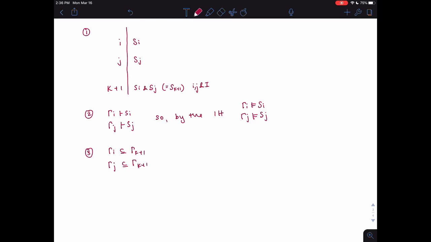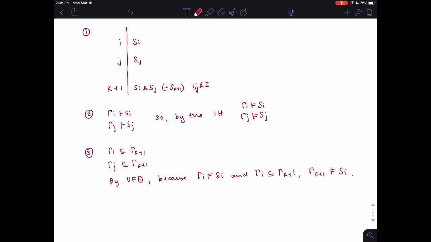So again, exactly as we did in the reiteration proof, by useful fact 1, because gamma i truth functionally entails Si, and gamma i is a subset of gamma k plus 1, we can conclude that gamma k plus 1 truth functionally entails Si.